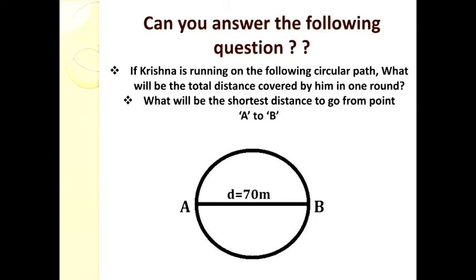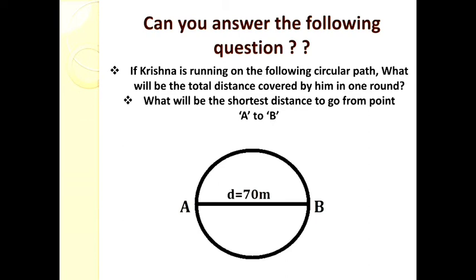To find out the total displacement or distance in one round, we just have to calculate the circumference of this circular path. See, when Krishna starts from point A and if he returns to point A, he has completed one round.